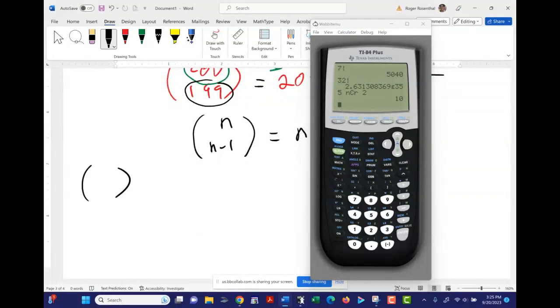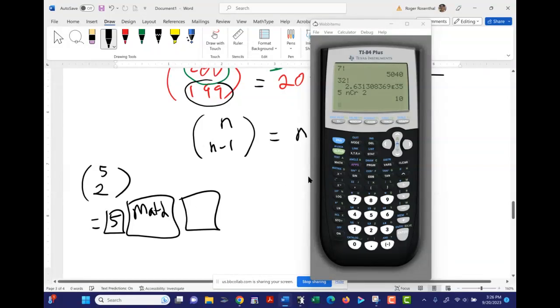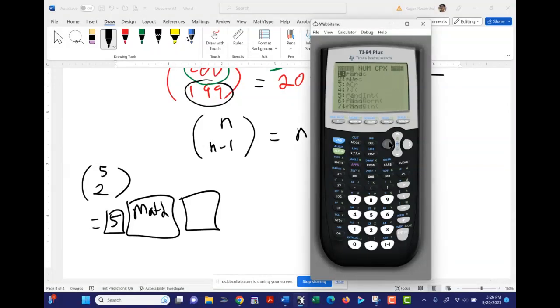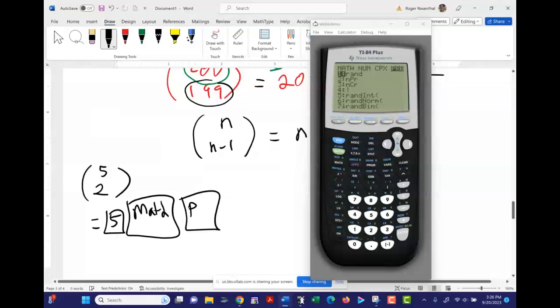To do the 5 choose 2 example on your calculator, you will first have to enter the 5. Then you will do the Math key. After you do the Math key, you're going to go to the probability part, so you'll go over to PRB.